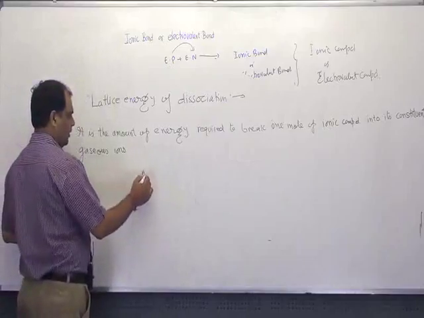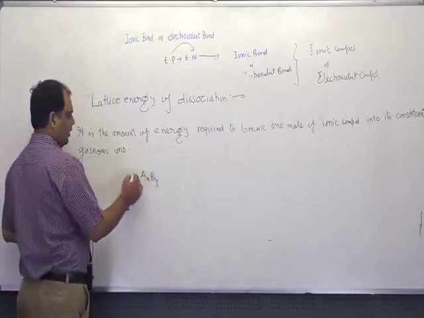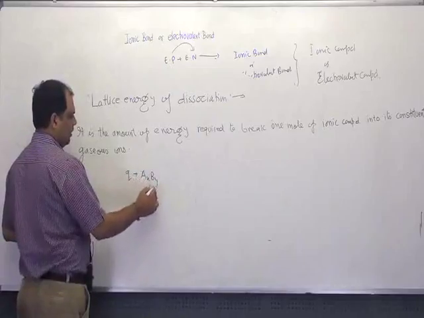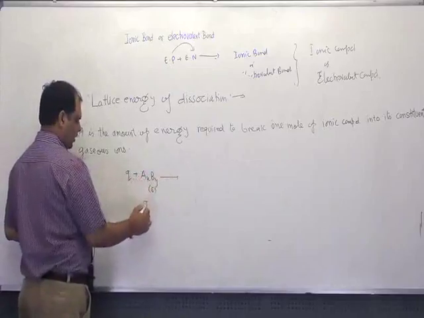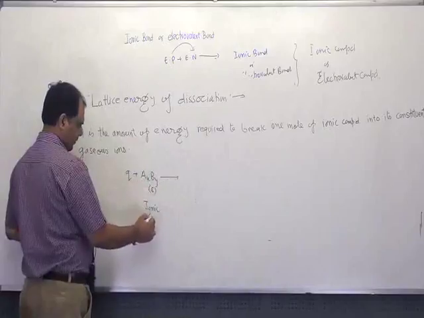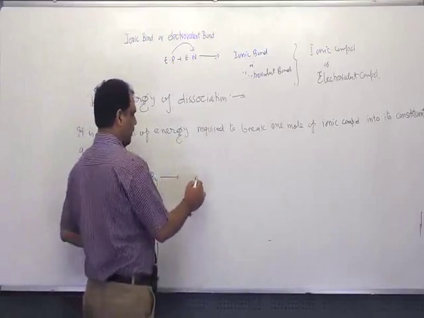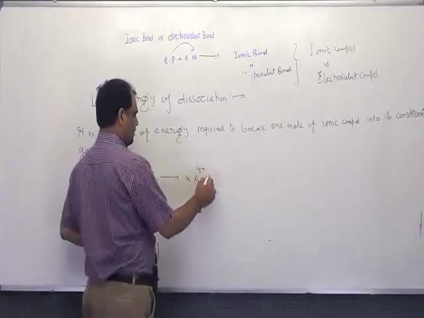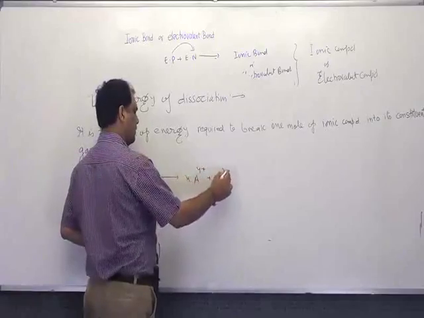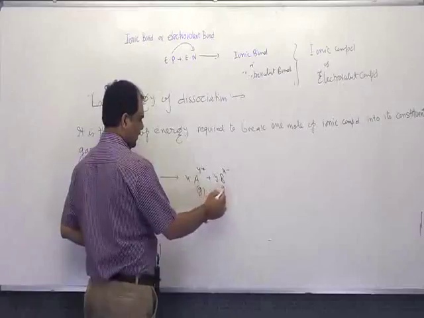For example, if we have a salt like AxBy, Q is the amount of energy given. It is existing in solid state, the compound is ionic, so it will give xA^y+ plus yB^x- in gas phase.